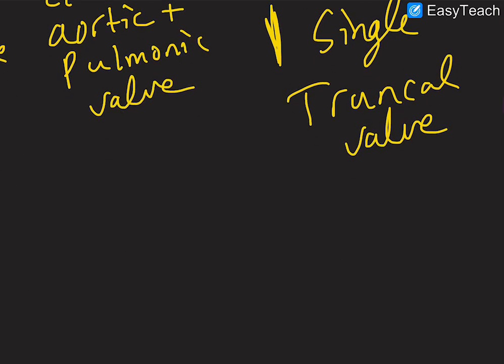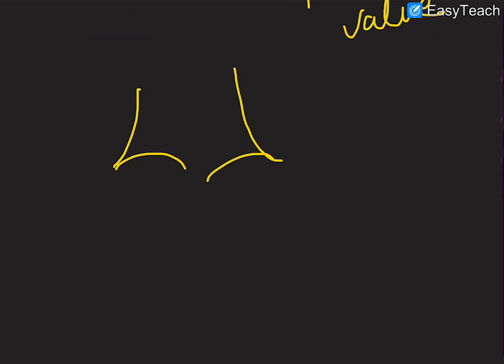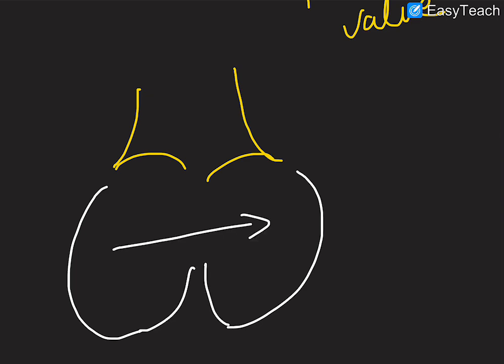Why a loud S2? Because you're pumping so much blood across that single truncal valve that when it closes, it's going to be very loud because of the pressure in front of it, right? So if we draw that single truncal tube, this is our truncal valve. Remember, we have our right ventricle here, left ventricle here, and we have that VSD, so the blood mixes.